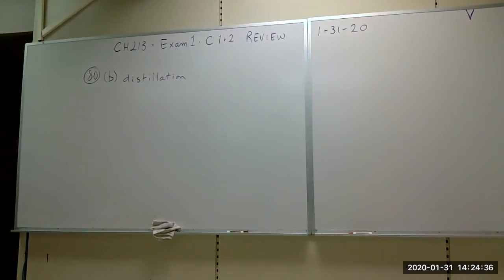So I think the best approach there is convert pounds to grams. And then you can say 1.3 times 10 to the minus 4th grams manganese per 100 grams of body.